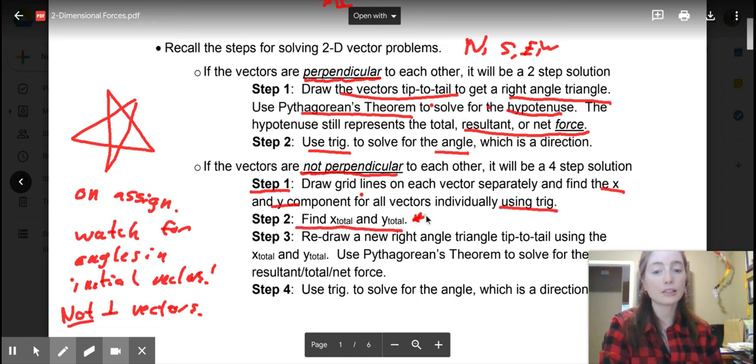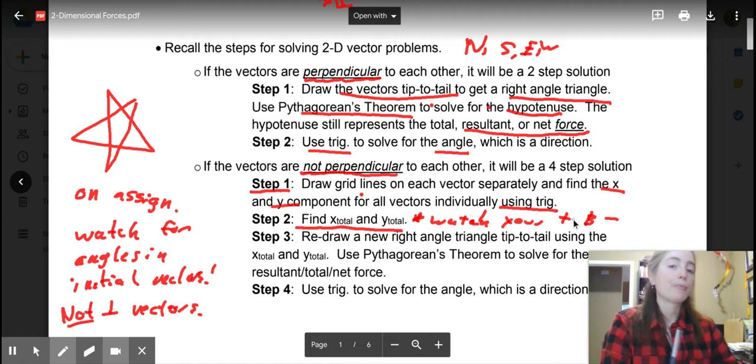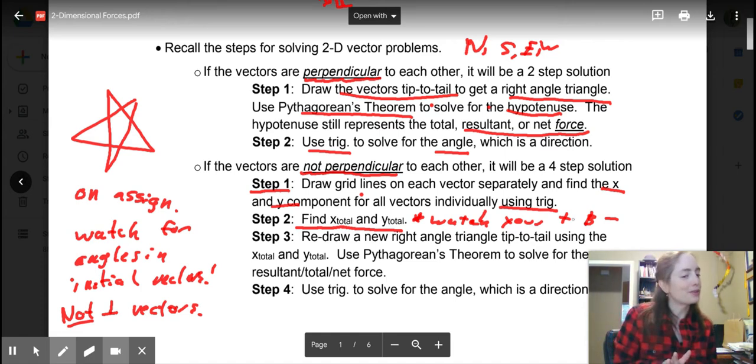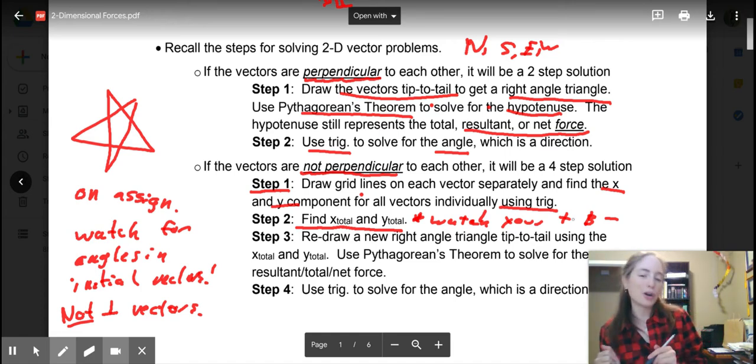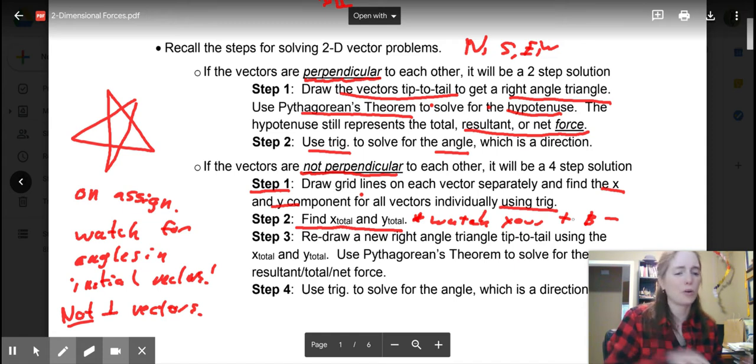I'm going to put a little star here, and I'm going to tell you to watch your positives and negatives. That's very, very important. Another very common mistake I see is forgetting to put a negative on those negative directions or forgetting to put a positive on those positive directions and getting a wonky resultant as a result.